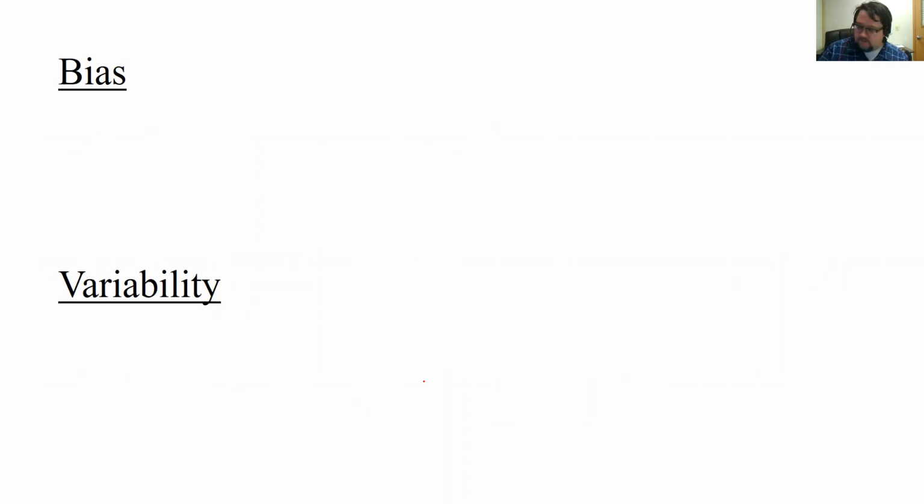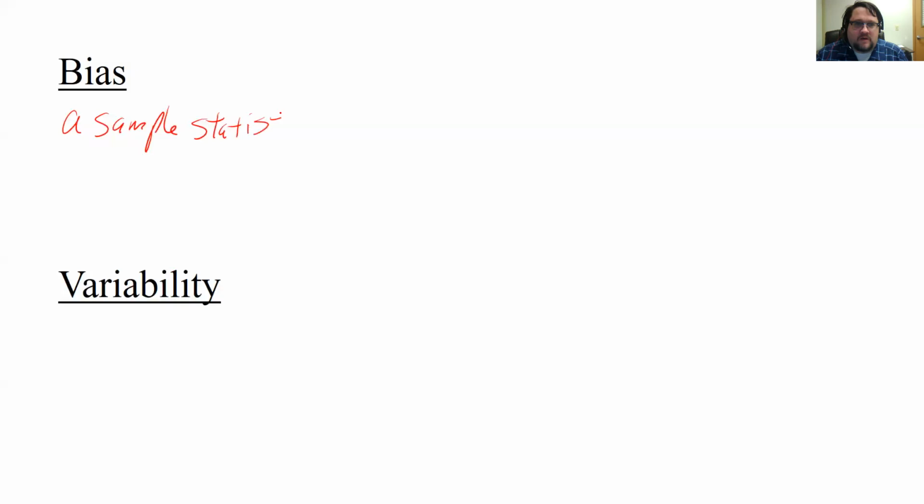Bias. So let's talk about some bias and variability here. We're going to say a sample statistic, and I think we mentioned this in an earlier chapter. It sounds familiar to me.